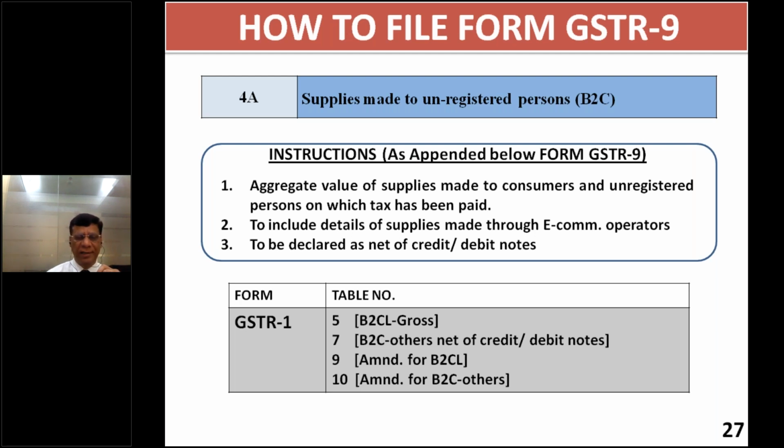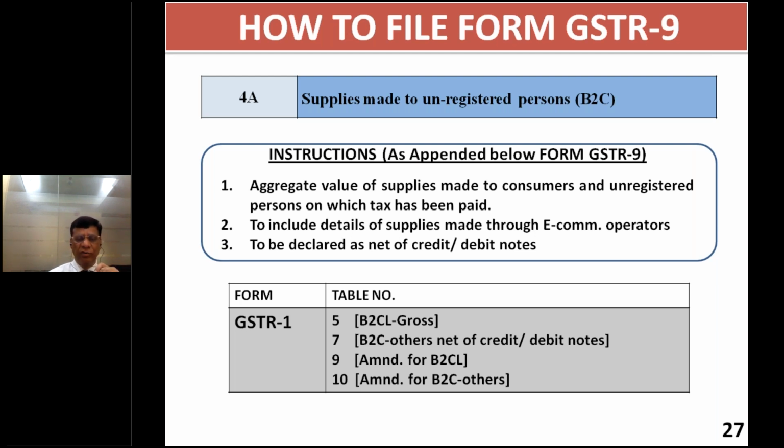Let me raise a question here. Suppose in GSTR 1 form, in these 4 tables, my net B2C supplies is say rupees 1 crore. And in form 3B, I have declared 1 crore 20 lakhs.